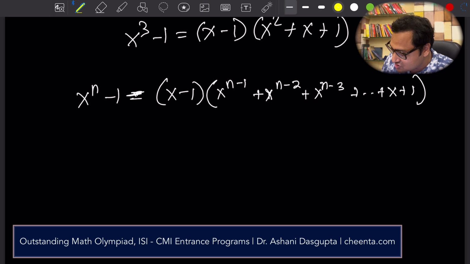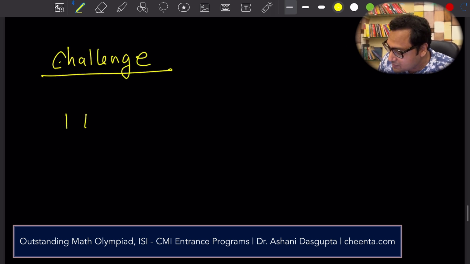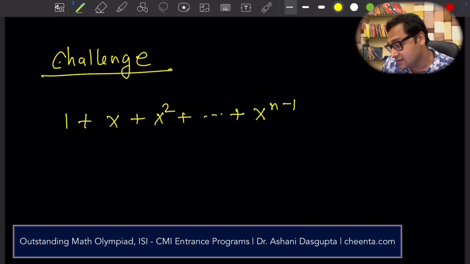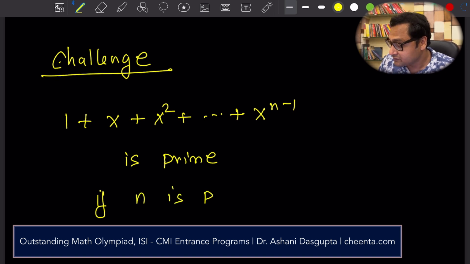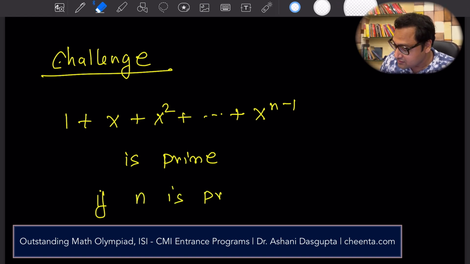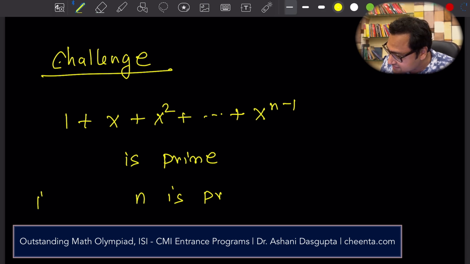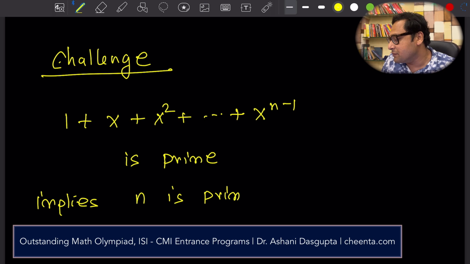Think about a problem that I will give you next. Here is a challenge question. 1 plus x plus x square up to x to the power n minus 1 is prime implies n is a prime number.